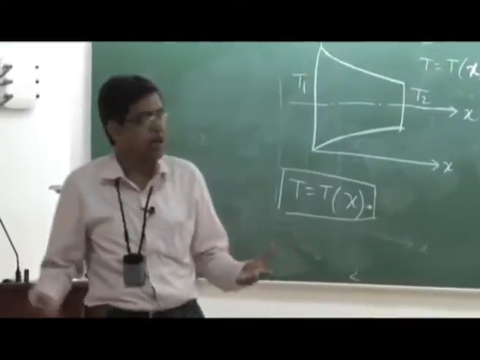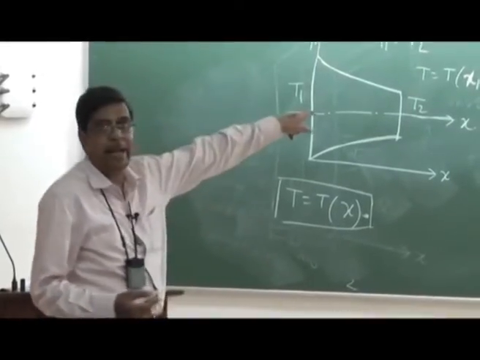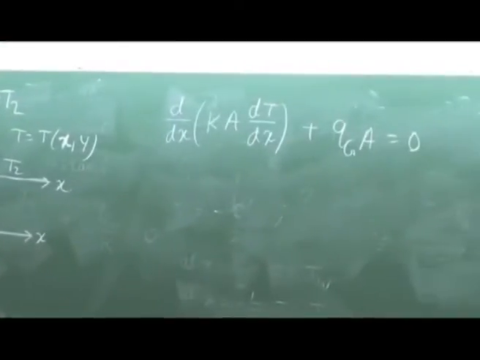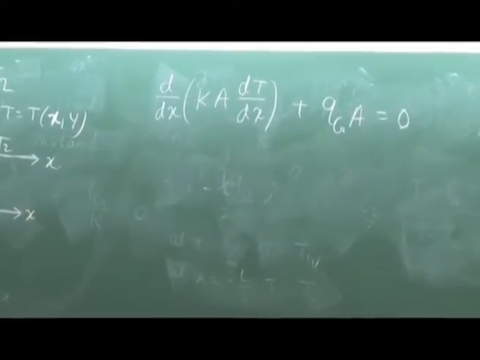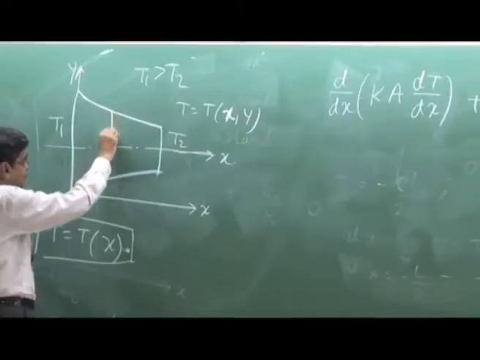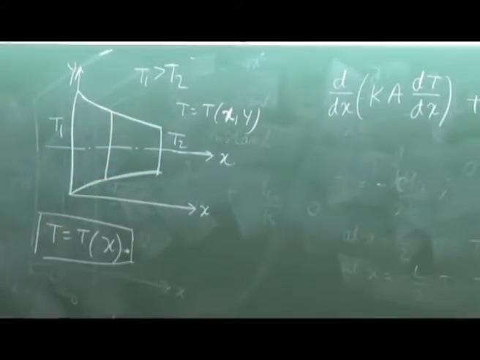This is the basic equation. Where does it come from? Your general heat conduction equation does not have A coming into it, because there we have considered plane area. Now here, if you derive this, I think it will always be better.